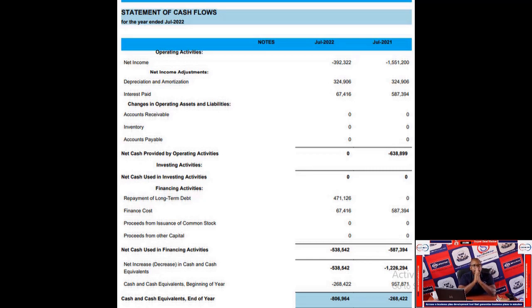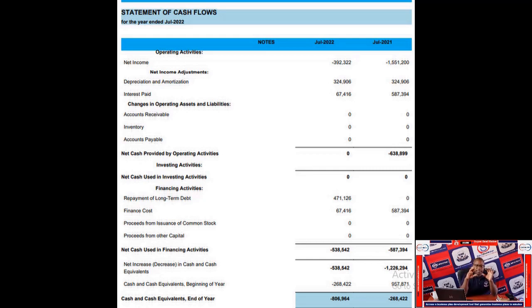So how you prepare a cash flow: you start with the income that you receive, which is the net income, the bottom line from your income statement. Then you need to adjust it for the non-cash items like your depreciation and your interest, because your interest is not operational.